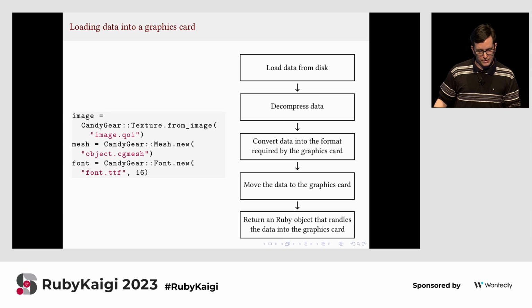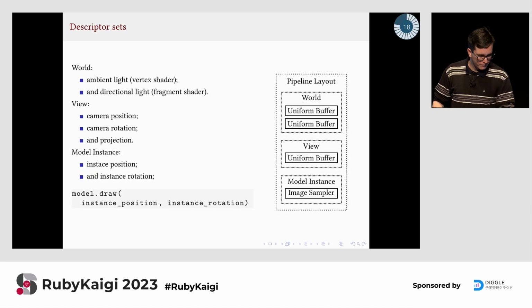But on some platforms like the PlayStation 5, they share the same memory, so you can skip this step and have better performance. In the end, after loading, it returns a resource object, so the game can use the data to render something.